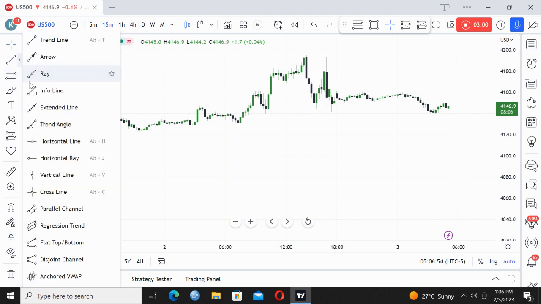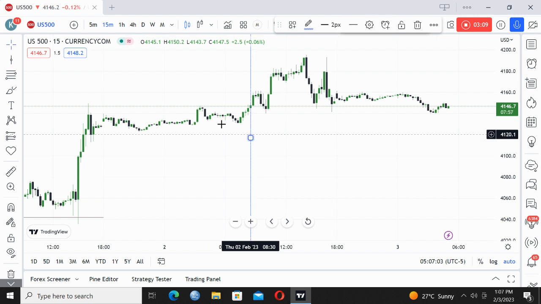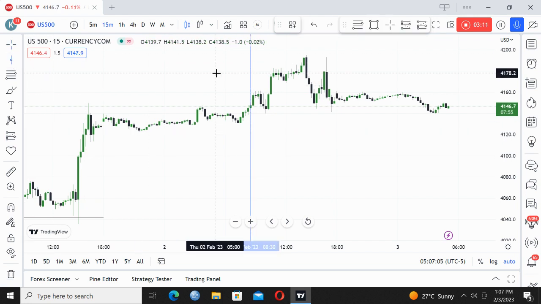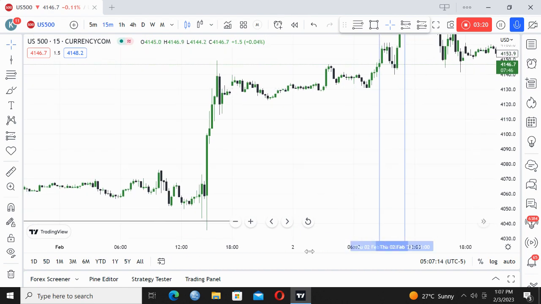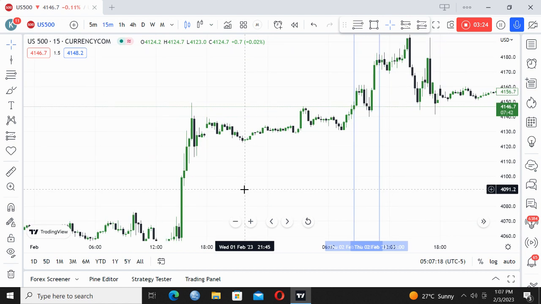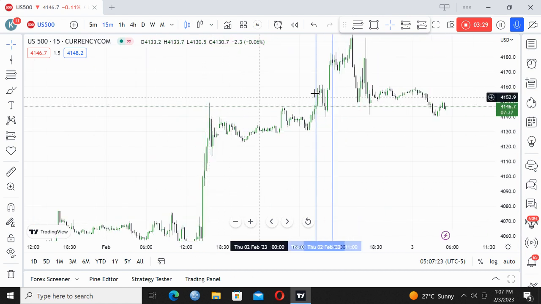Let's check. Put annotations here. 8:30 there, so 11 there. This is second. This is first. And there was a violation of the previous day's high. This was the first. Here is second.